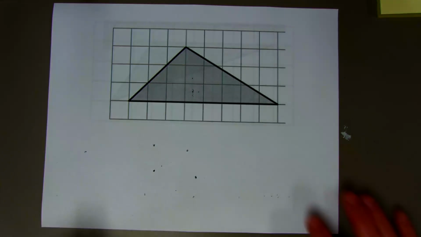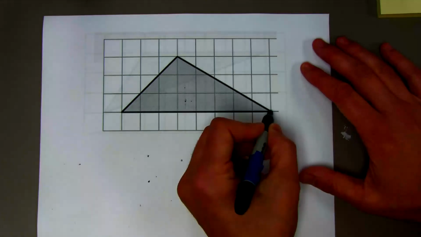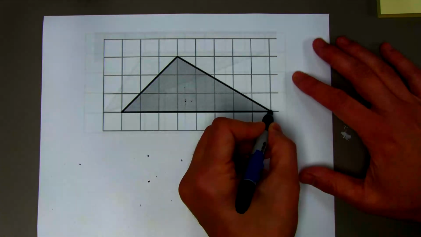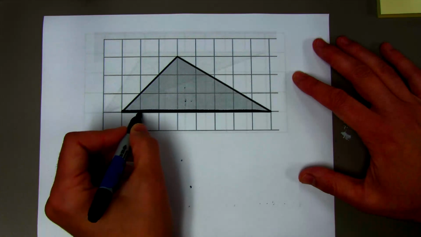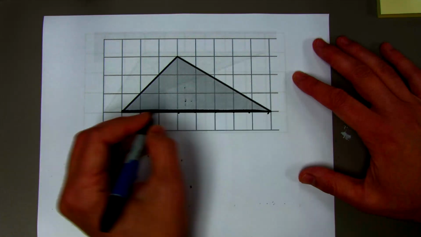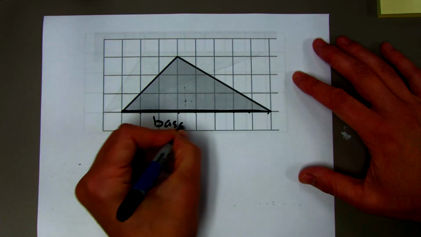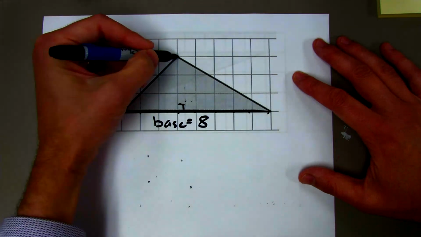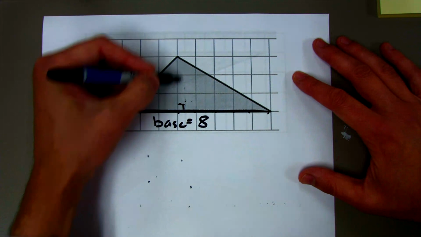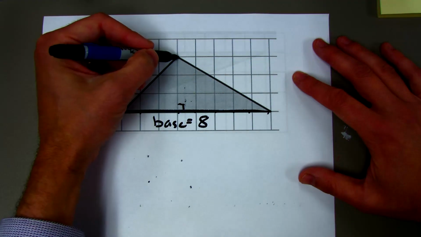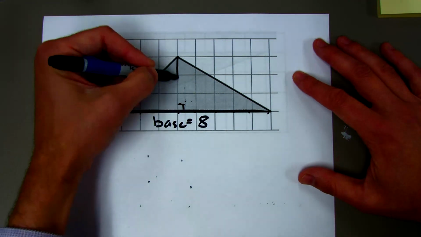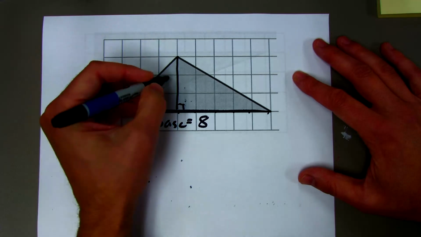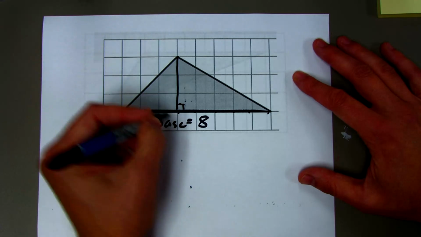Let's look at two final examples here. We have this triangle that looks like a nice base here. 1, 2, 3, 4, 5, 6, 7, 8. And here we want to get all the way to that opposite vertex, opposite the base, using a vertical line that is perpendicular to the base.